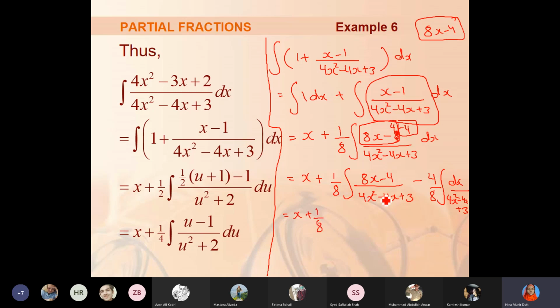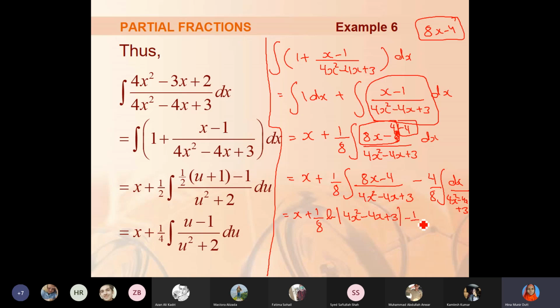The function in the numerator with power -1 and its derivative in the numerator. So natural log of 4x square minus 4x plus 3.